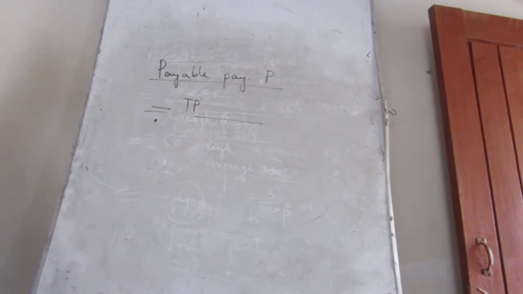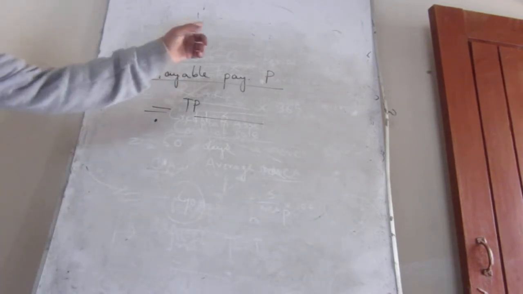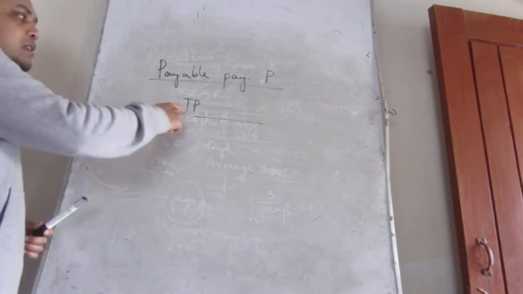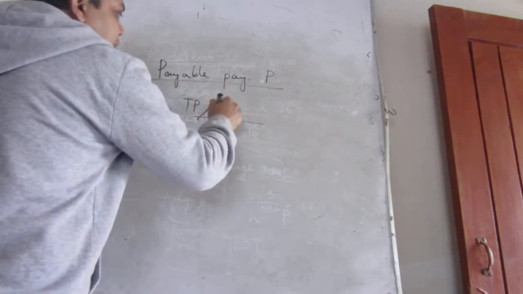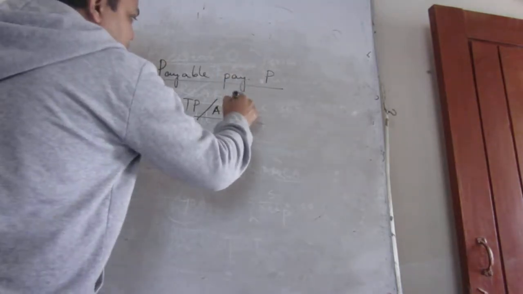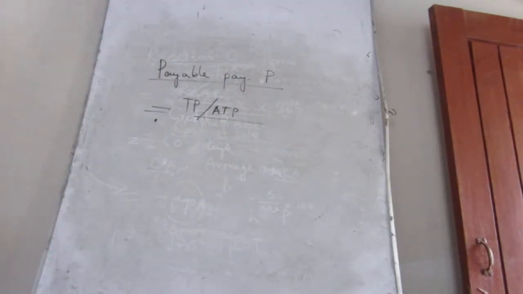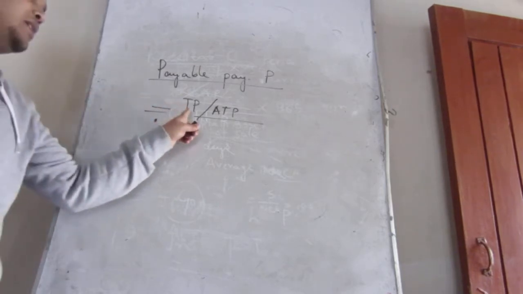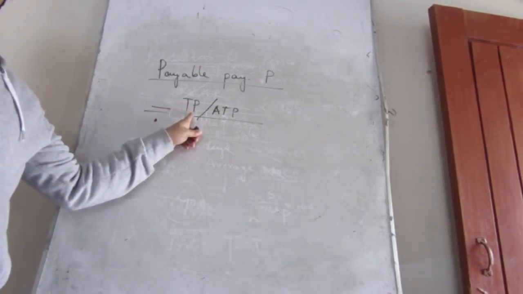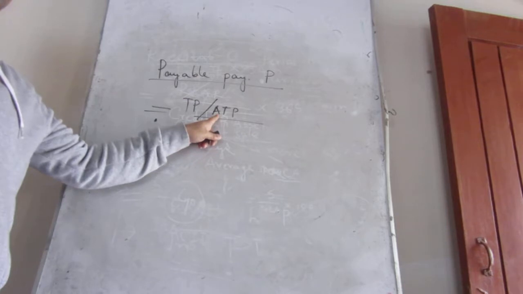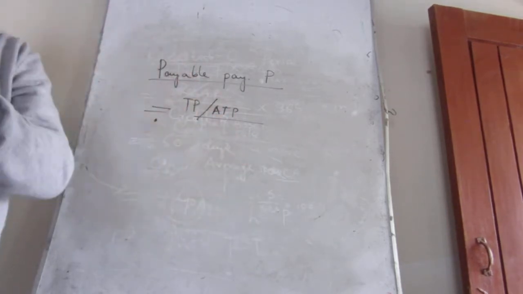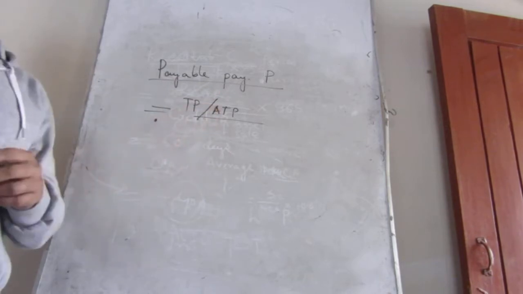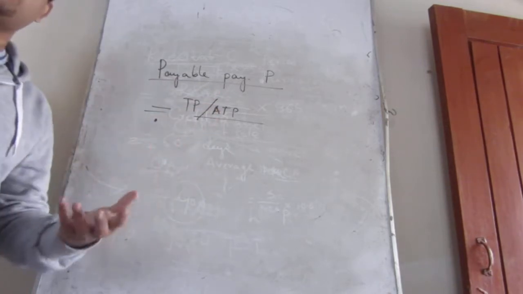Okay. So payable payment period means either trade payable or average trade payable, right? If you are provided trade payable only, then use trade payable. Or in the case of average trade payable, that means if you are provided opening and closing payable, then you have to find out average trade payable. And how can you calculate that?